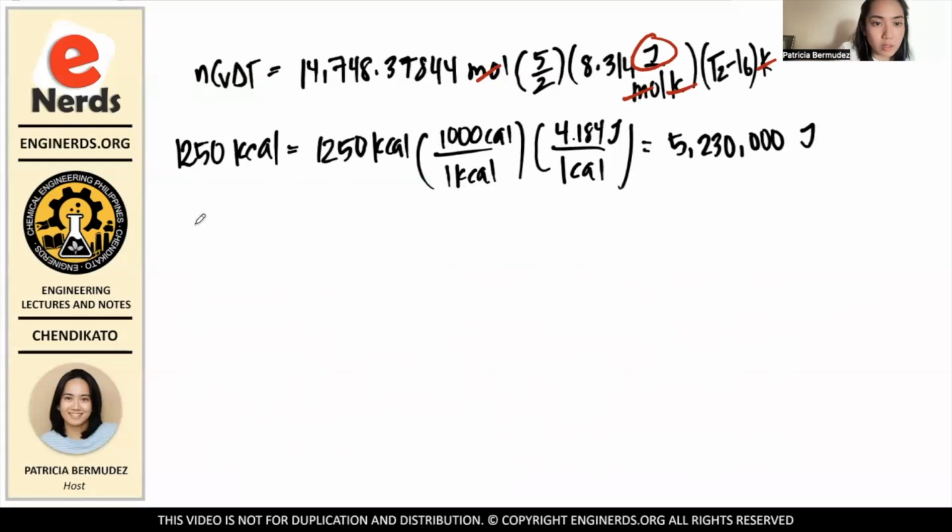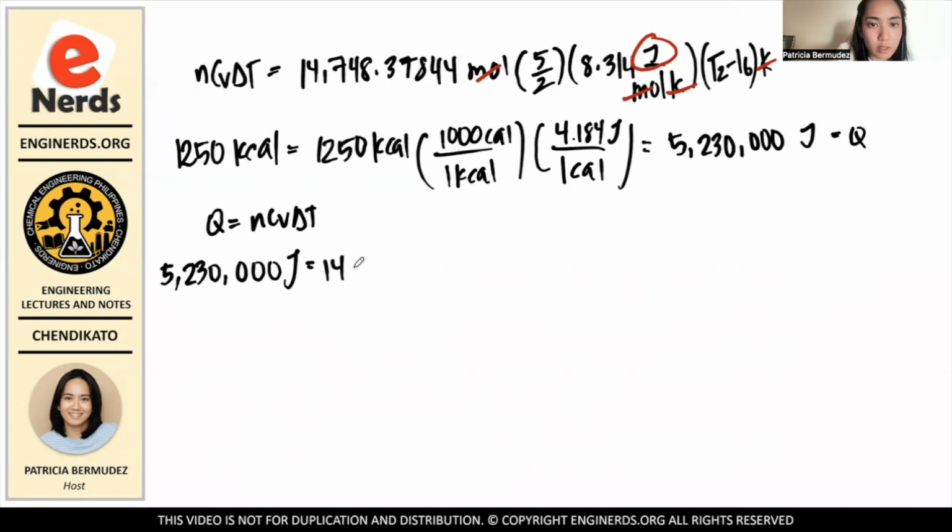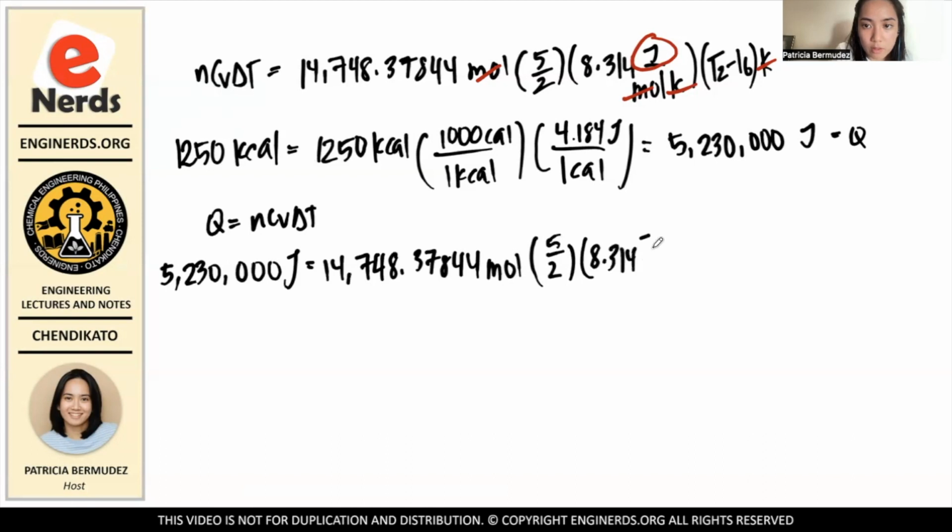Yep. So Q is nCv delta T. So this is Cv, this is Q. 5,230,000 joules is equal to this whole equation here, which is 14,748.37844 moles, 5/2, 8.314 joules per mole Kelvin times T2 minus 16 Kelvin.